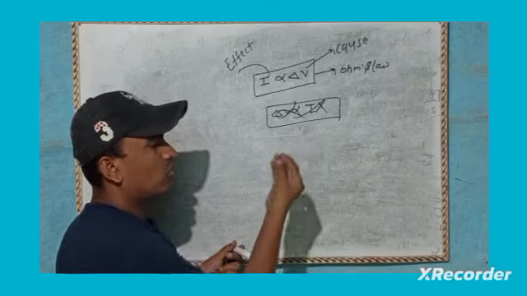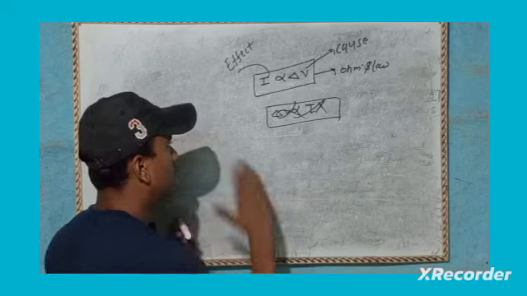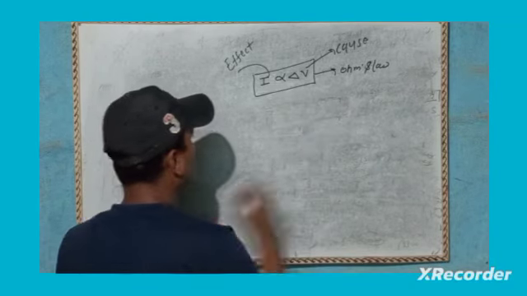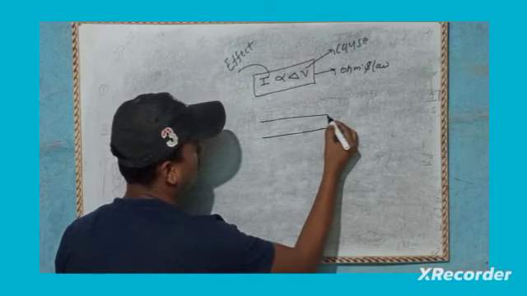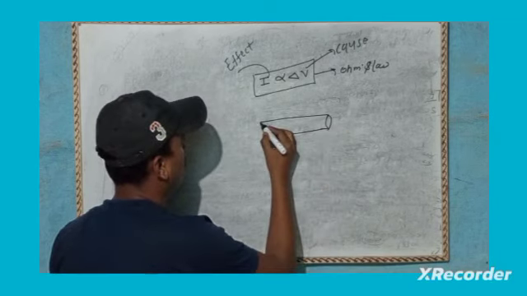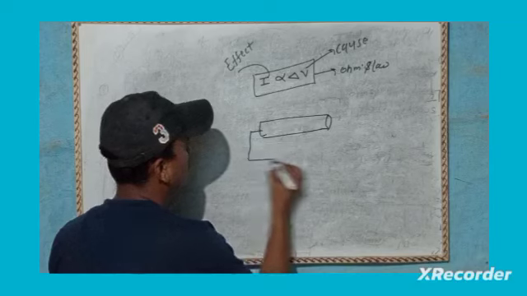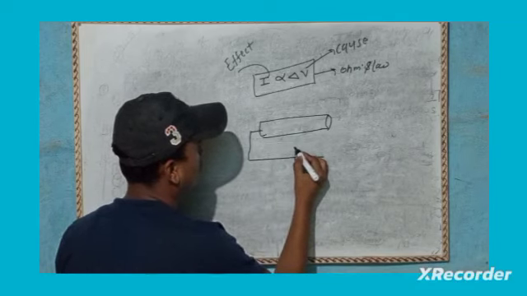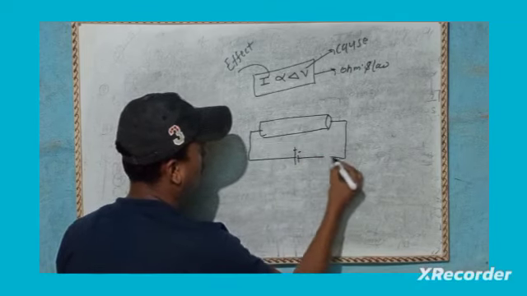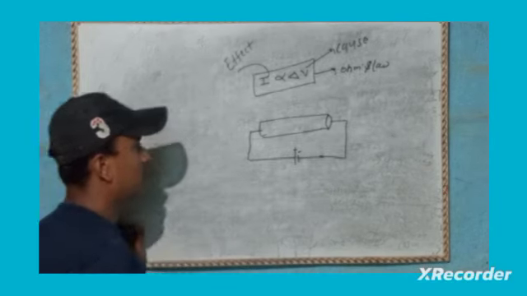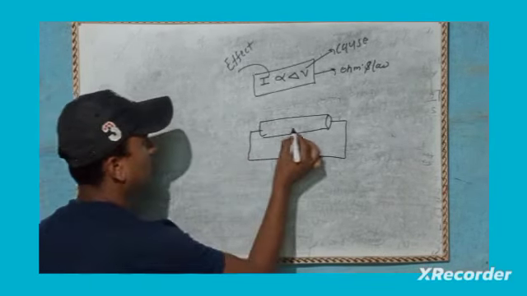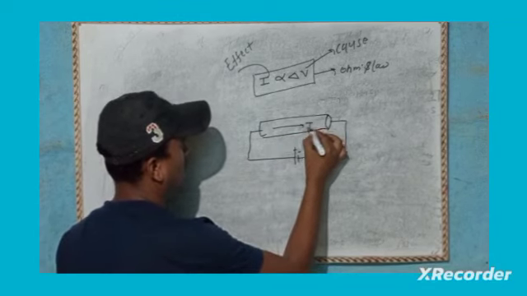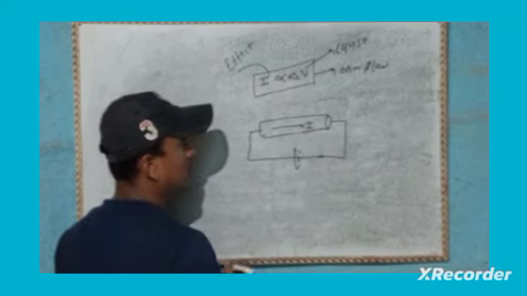Suppose this is a conductor and I supply a potential difference across it. The current direction is the same as the positive charge, so the current flows in that direction with potential difference V.